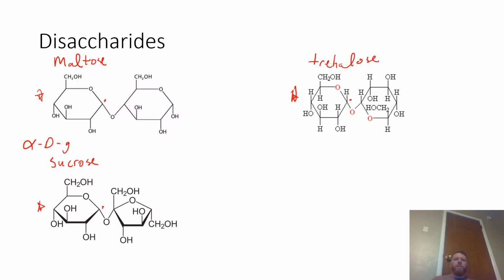We are going to call this glucopyranosyl. That pyrano is indicating that this is the pyranose form of that sugar. So alpha D-glucopyranosyl, and then for all of them, we're going to write 1 dash. This is a common part for all of these disaccharides.